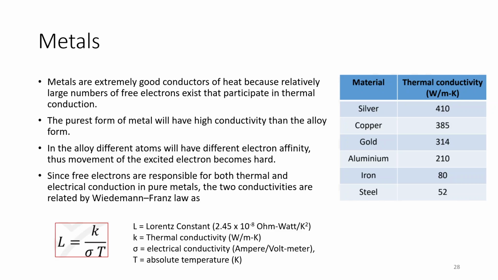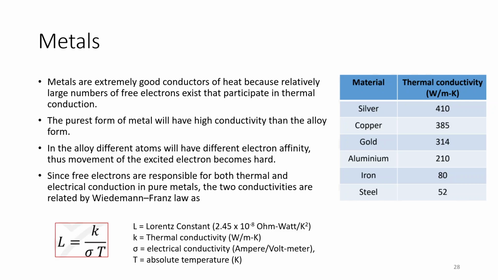Since free electrons are responsible for both thermal and electrical conduction in pure metals, the two conductivities are related by the Wiedemann-Franz law, which is given as capital L equals k upon sigma T. Here L is the Lorentz constant, which is 2.45 times 10 to the power minus 8 ohm watt per Kelvin square.